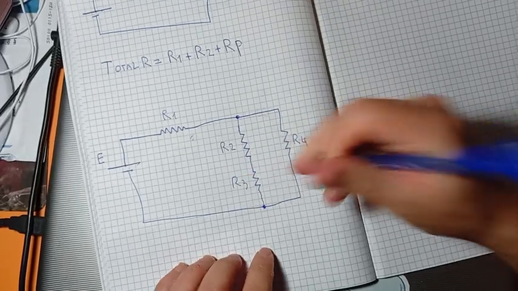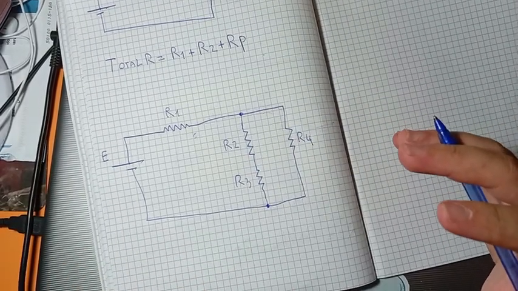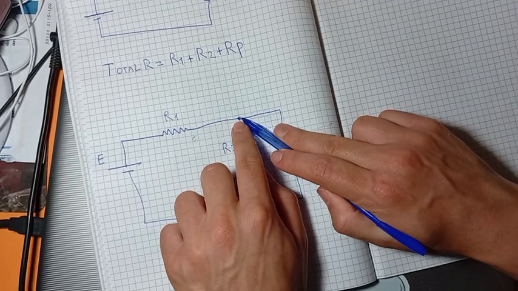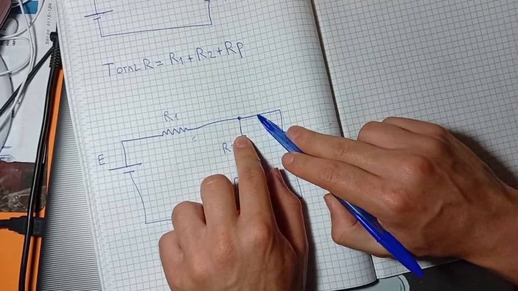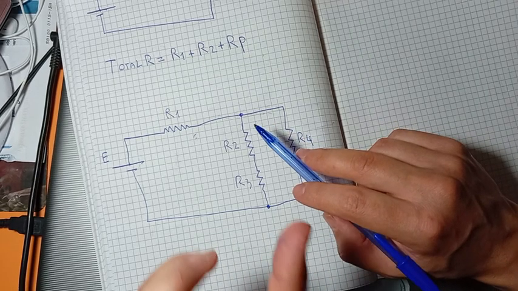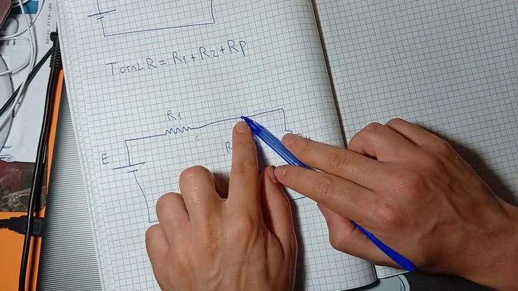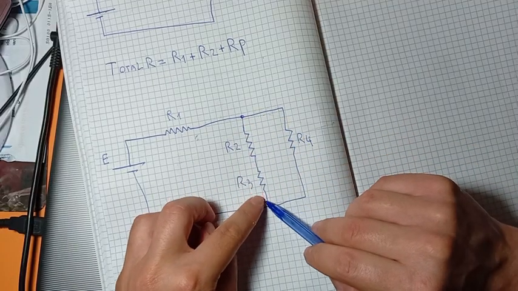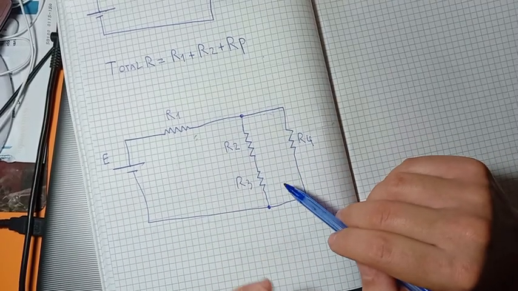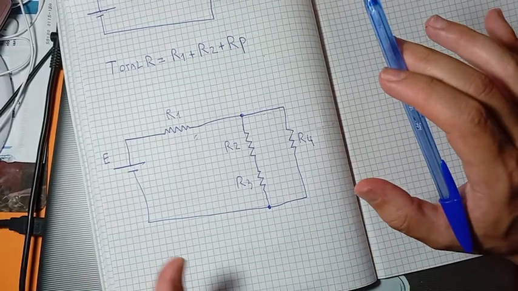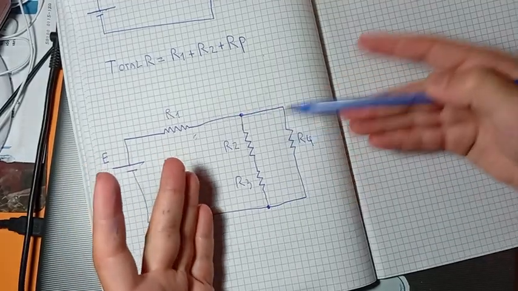When two or more branches divide themselves from a common single point and then they unite again in another common single point, when they do this, they are in parallel, okay? So in this case, we have two branches in parallel.